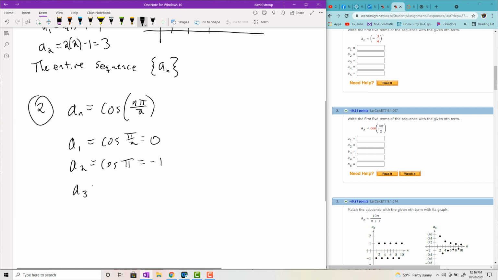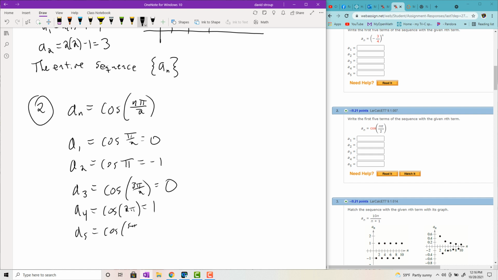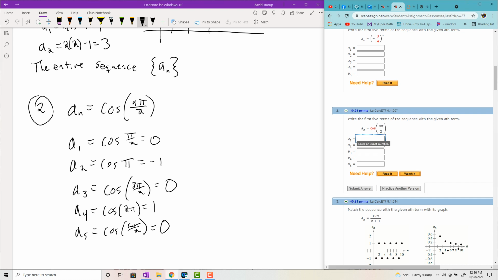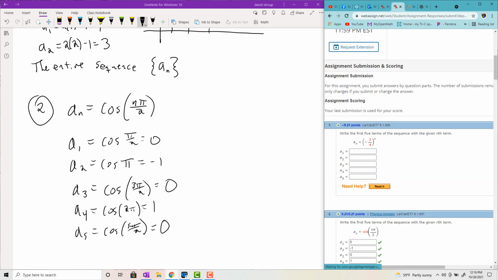A sub 3 is cosine of 3 pi over 2, which again is 0. A sub 4 is cosine of 4 pi over 2, which is 2 pi, which is 1. A sub 5 is cosine of 5 pi over 2, which will be back to 0. Then you just type in the numbers 0, -1, 0, 1, 0. Submit the answer.